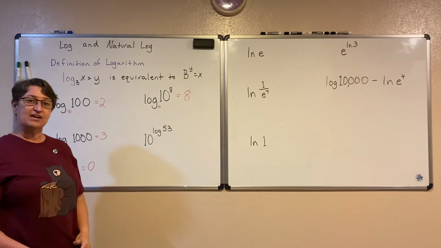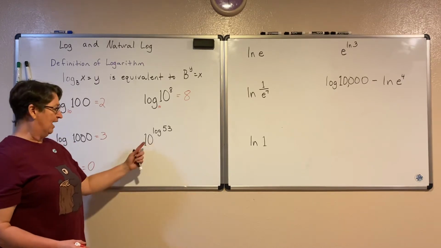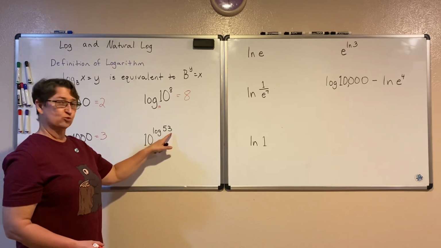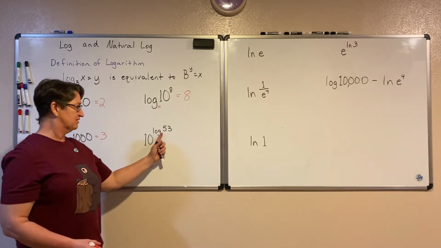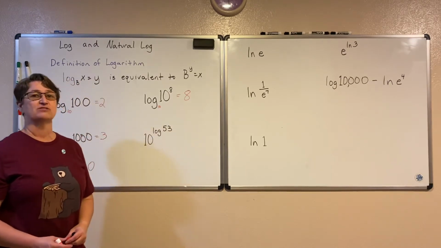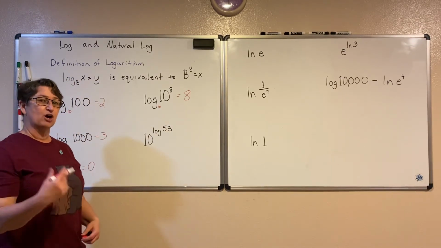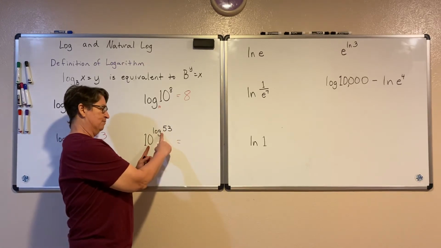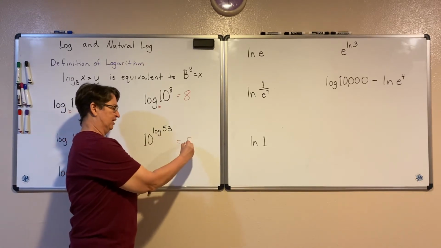This one is in exponential form. I have 10 raised to the log base 10 of 53. Now log base 10 of 53 is not a pretty number. It doesn't come out nicely. But we saw in a previous video that when their bases are the same, their arguments are the same.